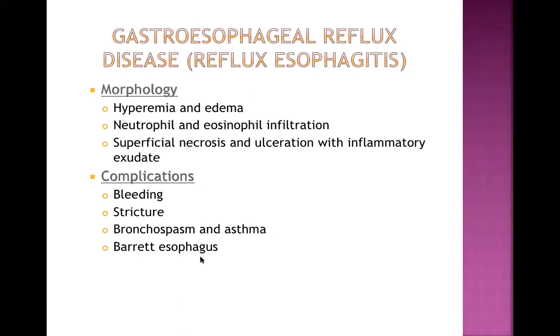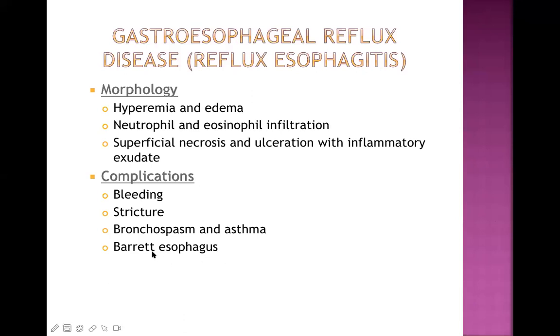And the last one: if this condition is not treated in time and becomes chronic, then what will happen? There will be metaplasia. The normal epithelium of the esophagus is stratified squamous epithelium, and that will change into columnar epithelium, and that is called Barrett esophagus.